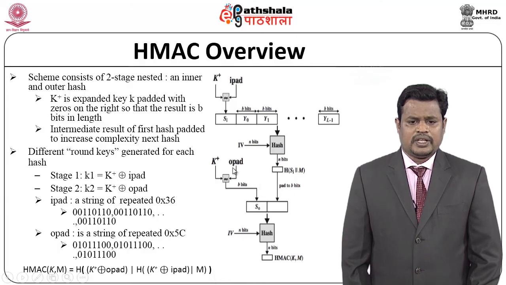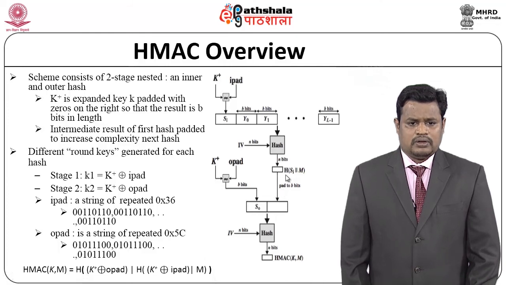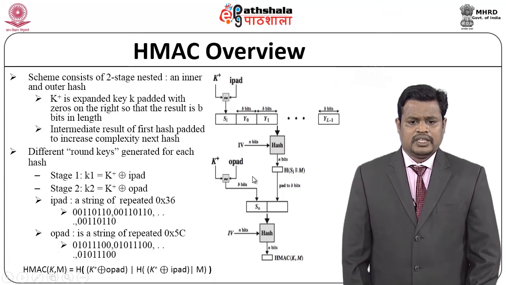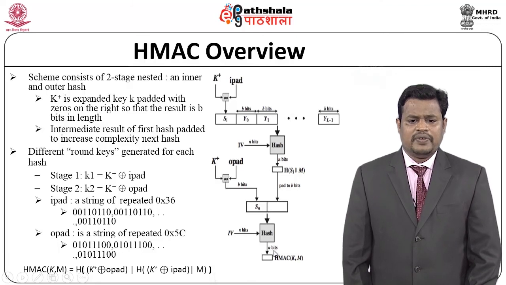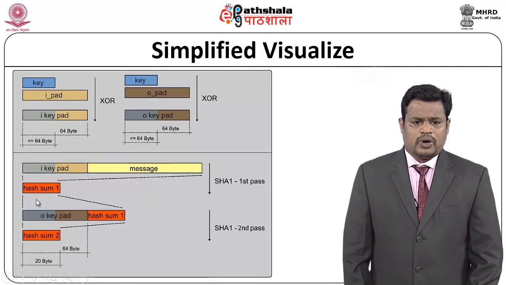Then it goes to the O pad, where it does an XOR operation, and we already have an output from the inner hash, and this is going to be given into the outer hash. Then there is an initialization vector for randomization. Finally we generate an n-bit hash value based on your K comma M. So this is the simplified visualization of your HMAC.